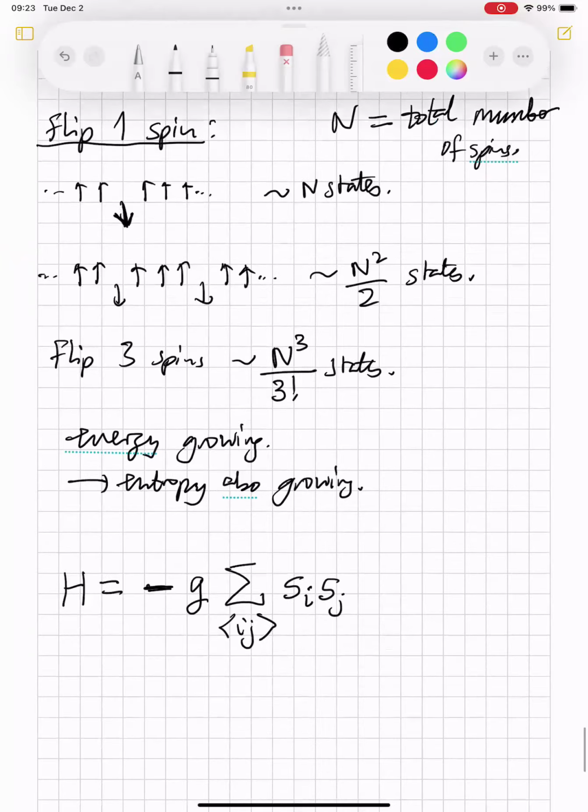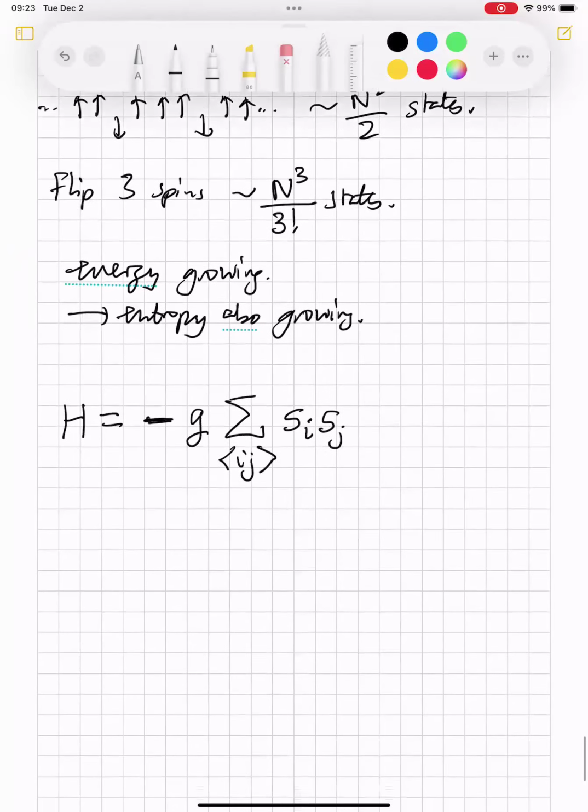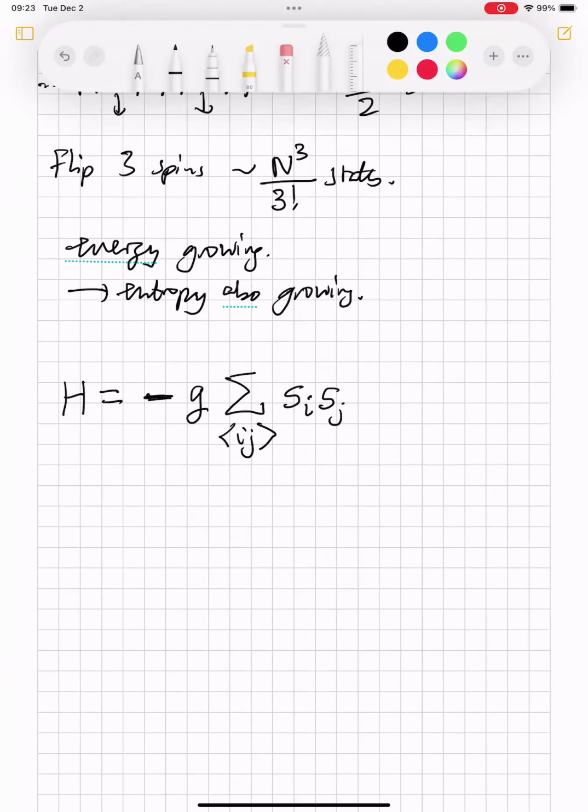Well, the way to do that, we're going to introduce one more dial that we can choose. We're going to introduce little h. This is an external field. And I'm going to introduce it in such a way that the spins like to align with it.